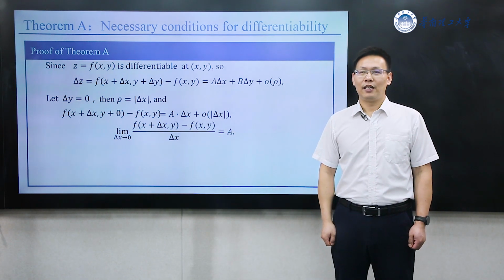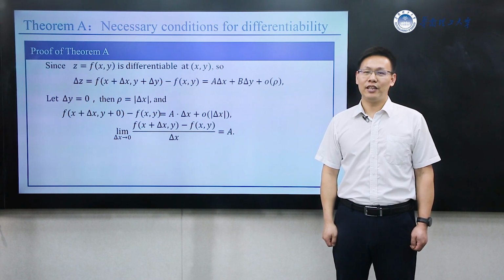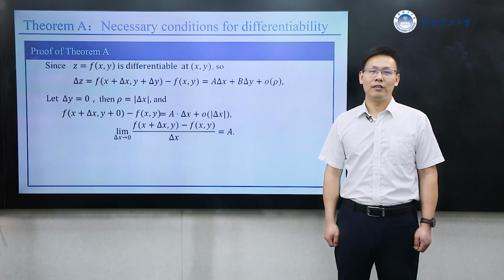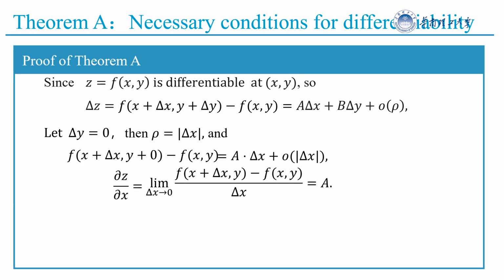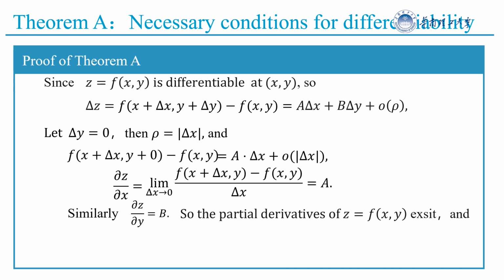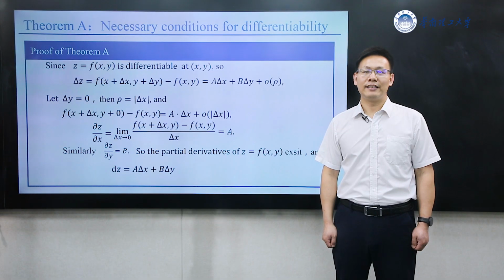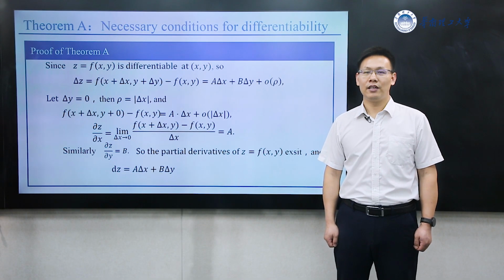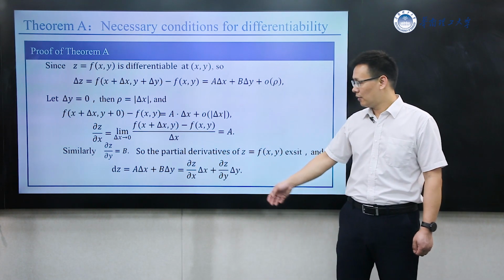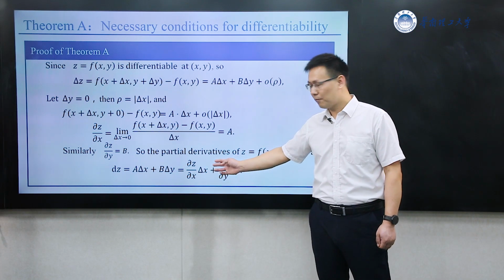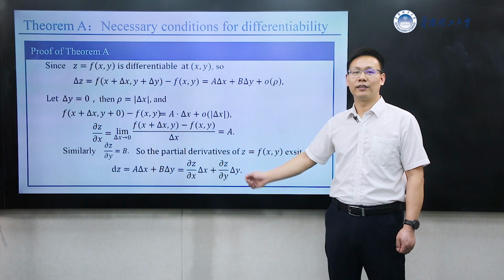Let Δx approach 0, we get the limit is A. So the partial derivative of f with respect to x exists and equals A. Similarly, the partial derivative with respect to y exists and equals B. So the two partials of z exist, and the total differential dz equals AΔx plus BΔy, which equals ∂z/∂x Δx plus ∂z/∂y Δy.